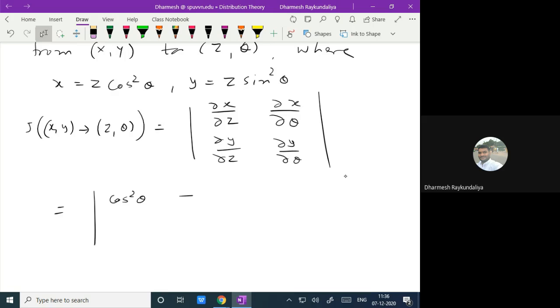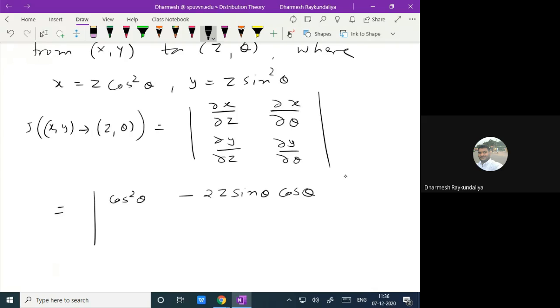And with respect to theta, cos square derivative is 2 cos theta, and cos theta derivative is minus sin theta. So it is 2 times minus z sin theta into cos theta.